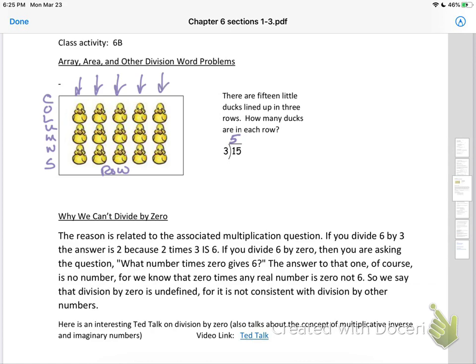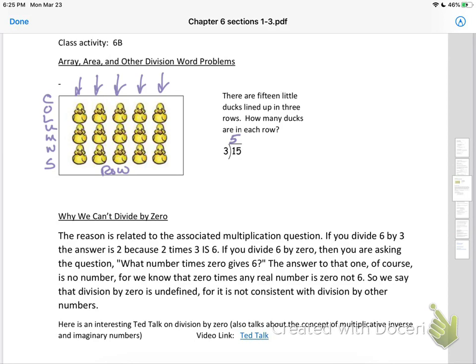Okay, the next topic, or one of the topics they discover in this chapter, is they talk about why we can't divide by 0. So I have a TED Talk that I gave you a link to. This is kind of an interesting topic because many times kids want to divide by 0. And even in the higher levels of math, you can never divide by 0. Game over when you divide by 0.